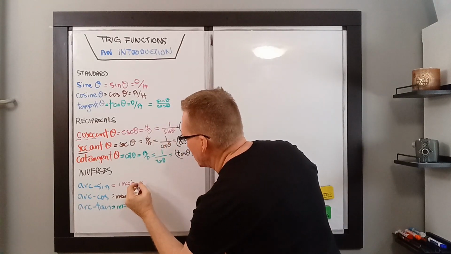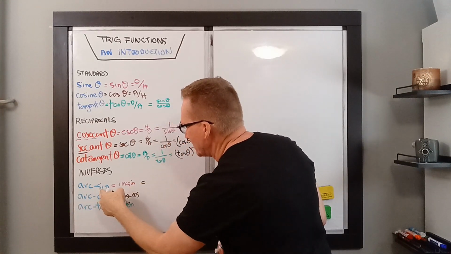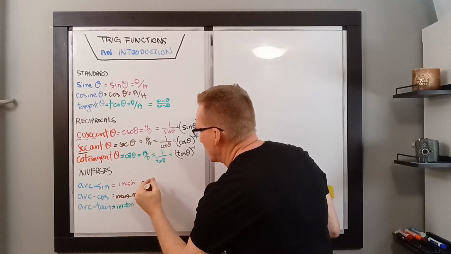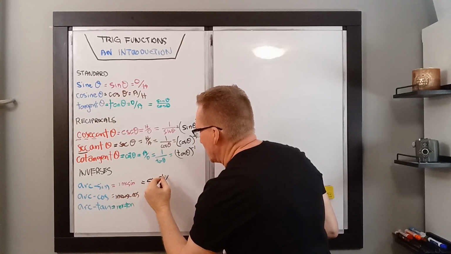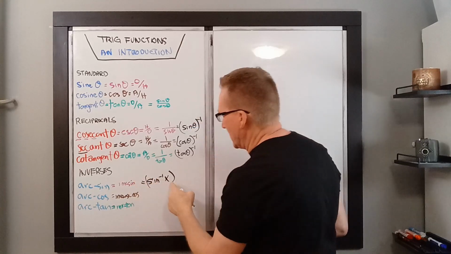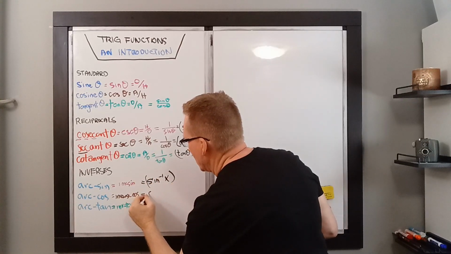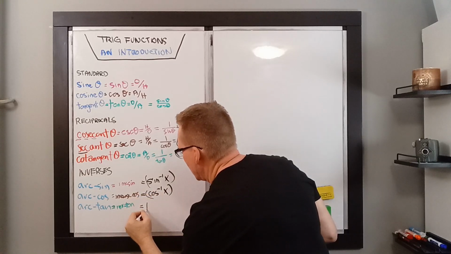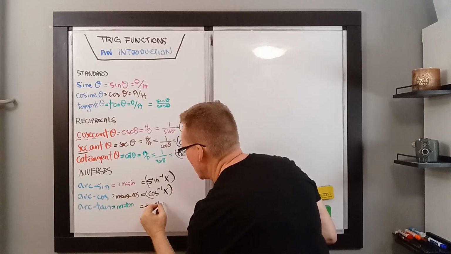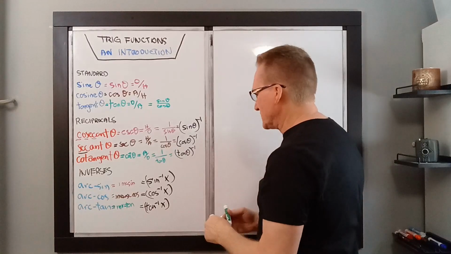So on your calculator, you might have something called the arc-sine function or the inverse sine function, or you might have this function, which will be called sine to the -1x, something like that. And this one over here would be cos -1x, and this one would be tan -1x. Now notice there's a difference here.